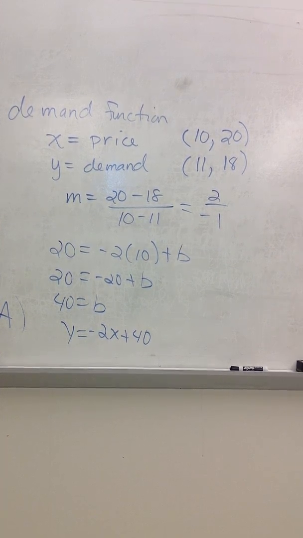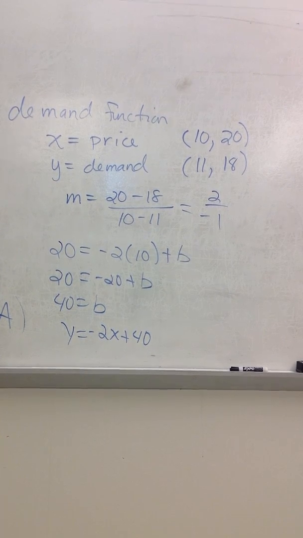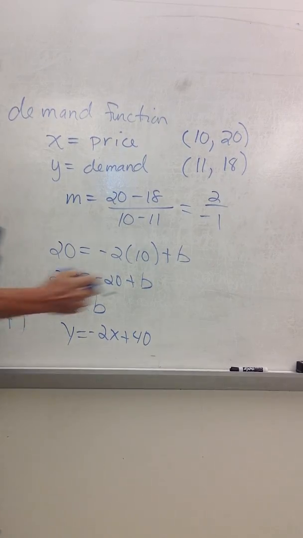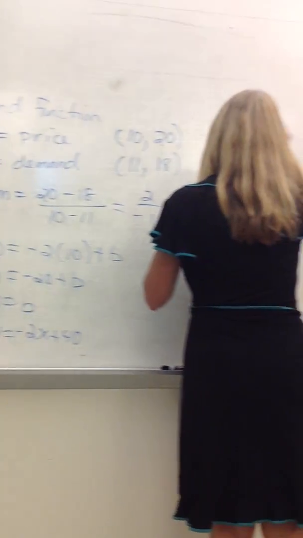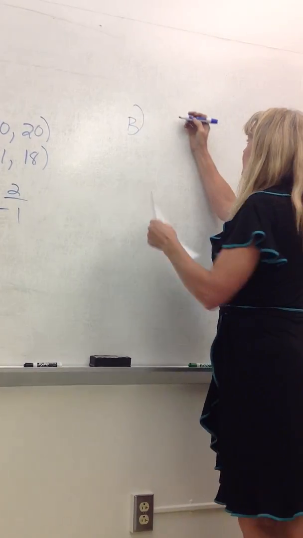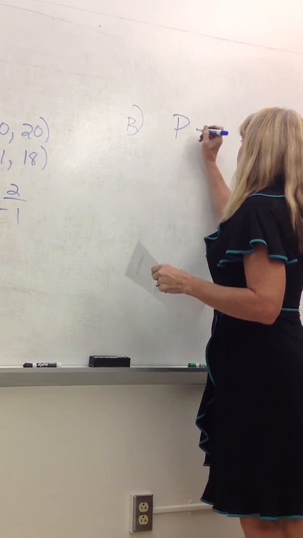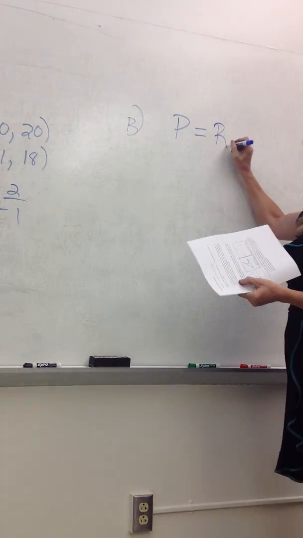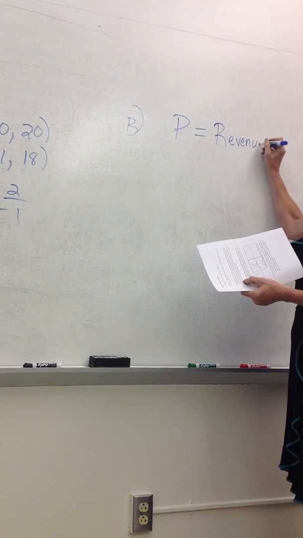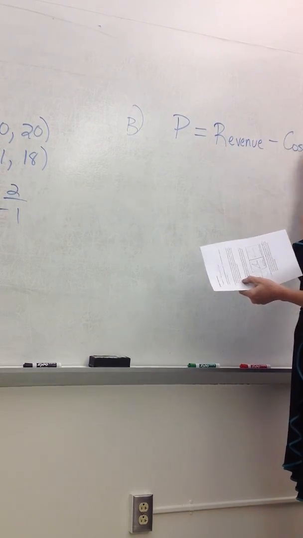If the material for each necklace costs $6, what should the selling price be to maximize his profit? So to do part B of the problem, I need to make sure that I know that profit is revenue minus cost.